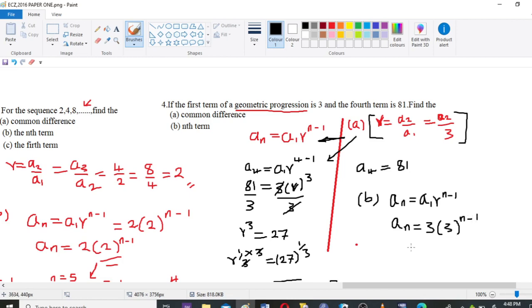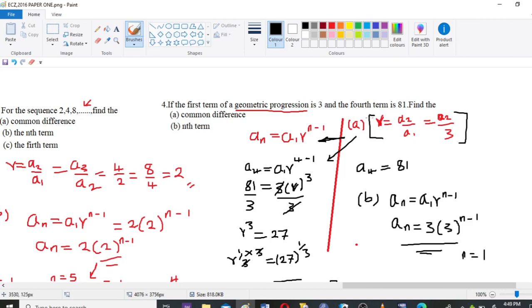Okay, and this is the nth term. That is, this is the formula we can use to calculate any term at any given position. For example, if we want to find the first term, that means our n is going to be 1. If our n is 1, we are going to have 1 minus 1, that will give us 0, and we're going to have 3 to the power 0, which is 1, and so our first term will be 3, which is true, like what we've been told in the question.